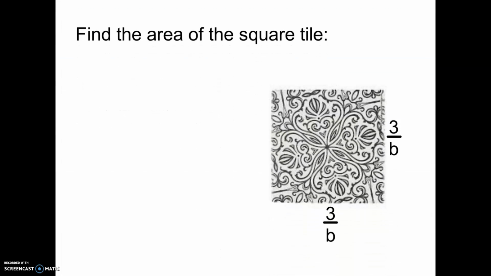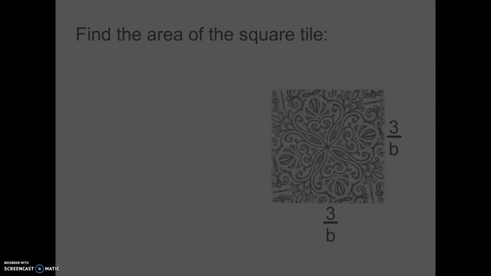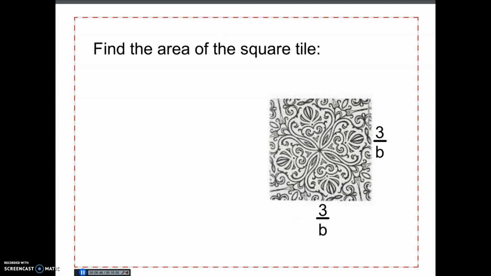So here's an example of where that could come into play. Let's say I wanted you to find the area of this square tile, and we can see that the length of each side is 3 over b for some reason. Area is length times width, and in the case of a square, length and width are the same, so the area is basically the length of the side squared.